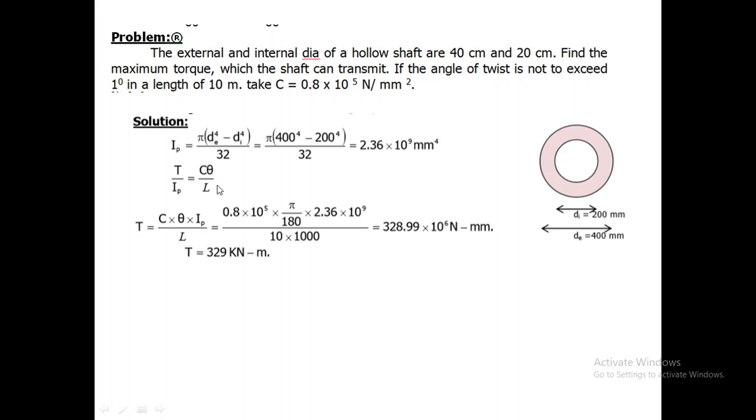While substituting, we should be careful that all the units are the same. The polar moment of inertia is in millimeters, and the modulus of rigidity is also in millimeters. Theta is in degrees, so that should be converted into radians.